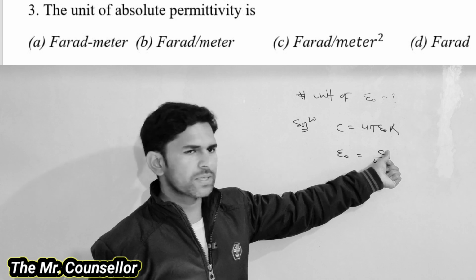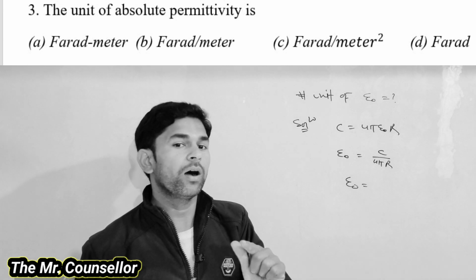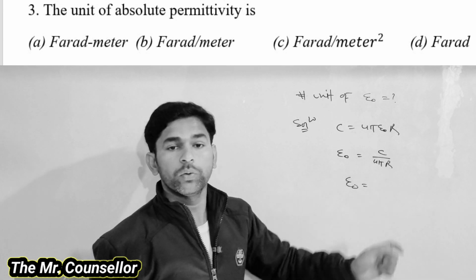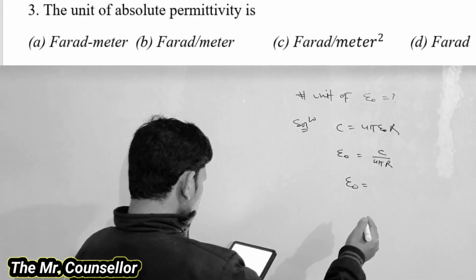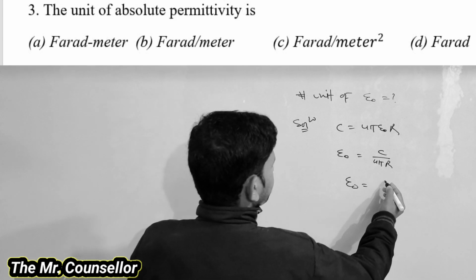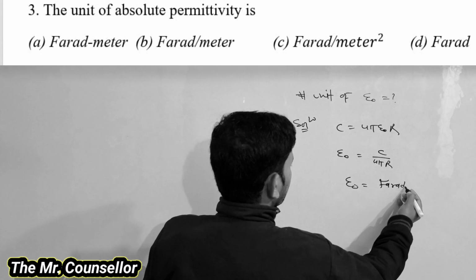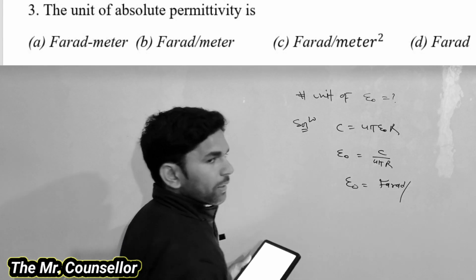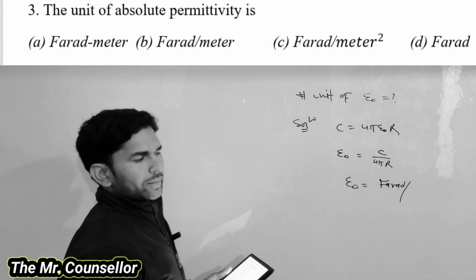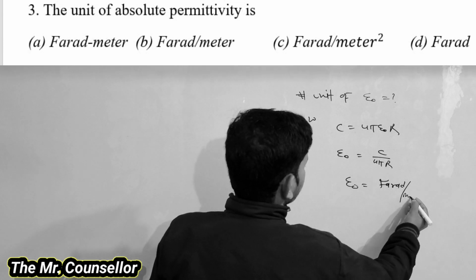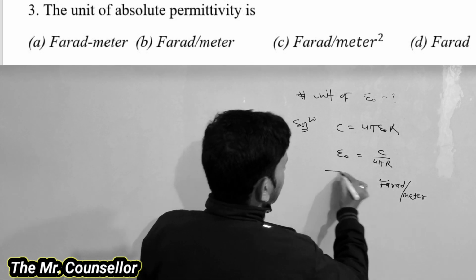You will write the unit of C. C is the capacitance of the capacitor, so the unit will be farad. Farad per R, which is the distance or radius, so it means meter.